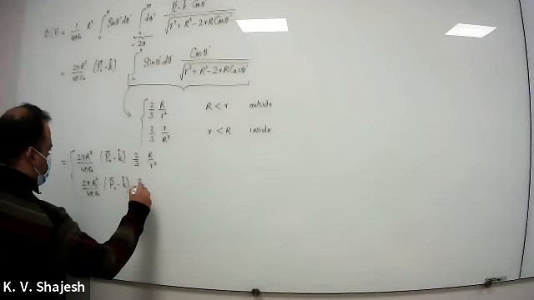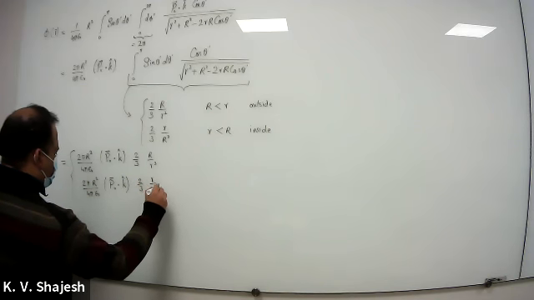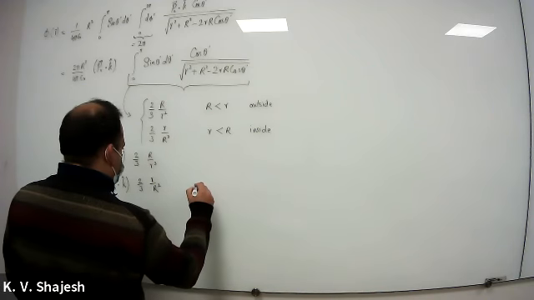This is 2 by 3 r over capital R squared. And this is inside.